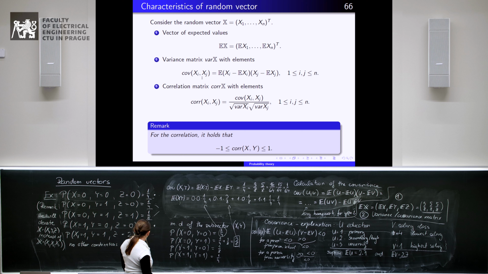So in the covariance matrix, we want to construct, there will be nine elements.